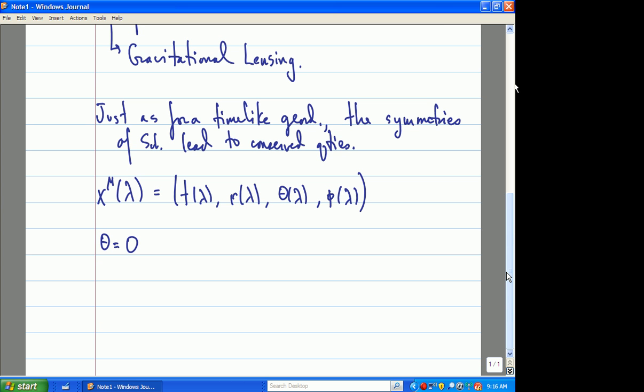So, as before, the Killing vectors which describe the symmetries of the Schwarzschild geometry will lead to conserved quantities. The argument is identical to the argument that I gave last time.